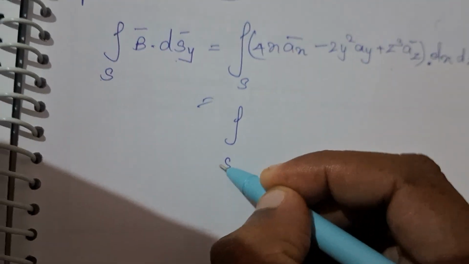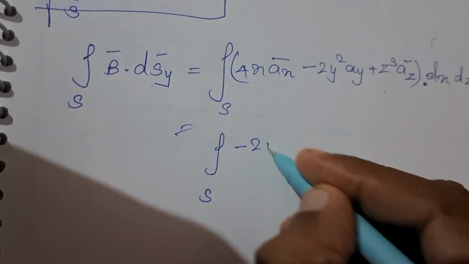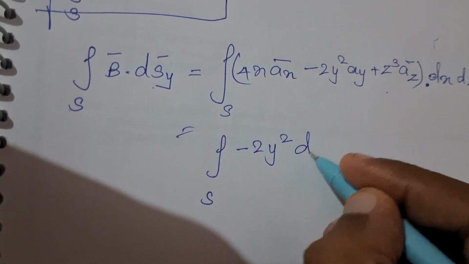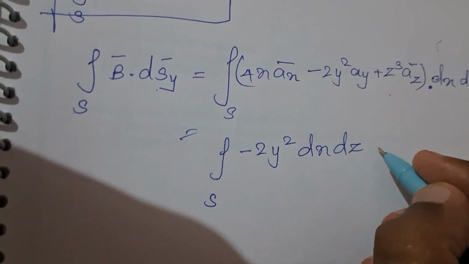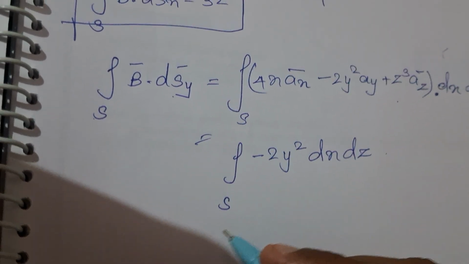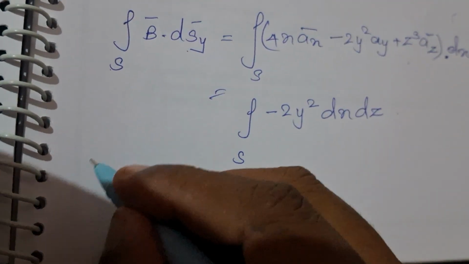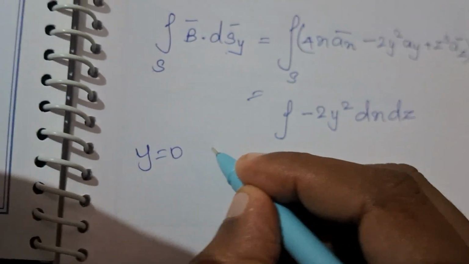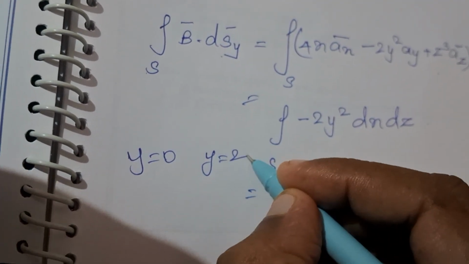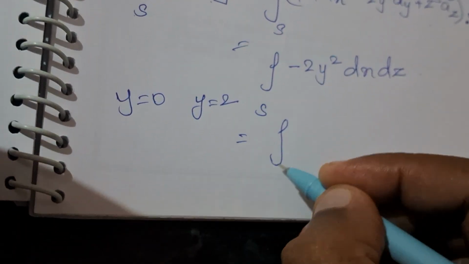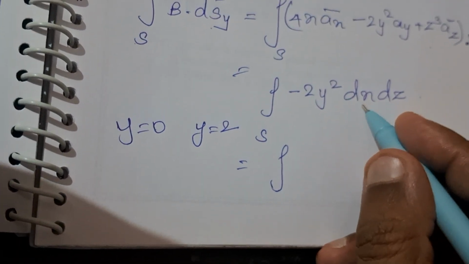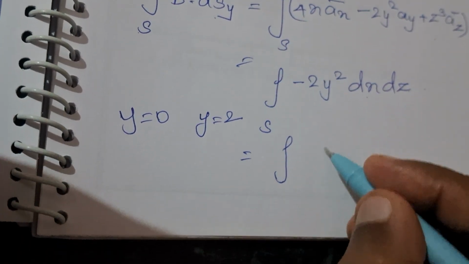So the surface integral of minus 2y square dx dz only. Then y has two values, y equal to 0 and y equal to 2. Substitute the limits of dx and dz.